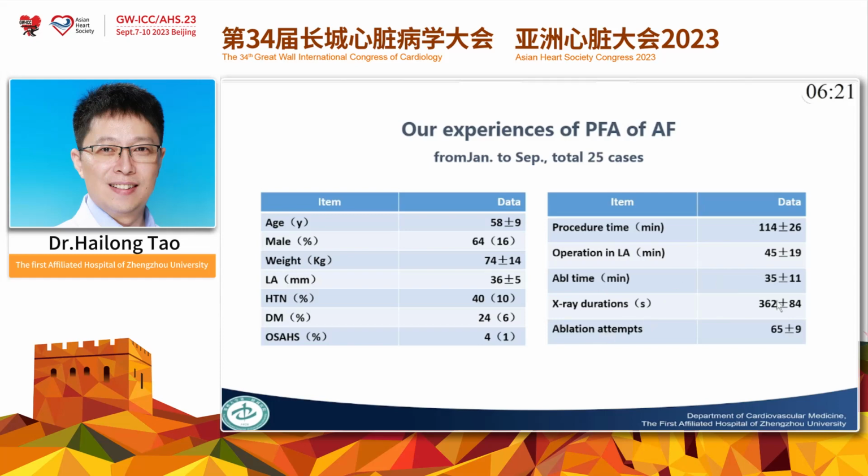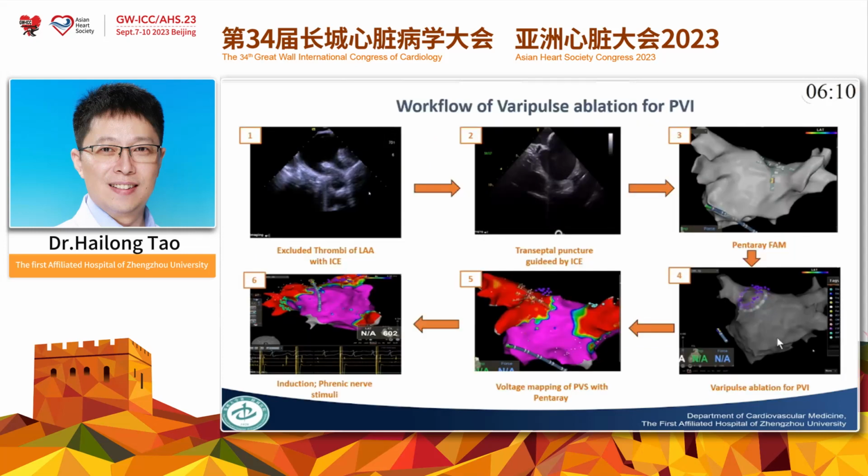X-ray duration is 360 seconds. Ablation attempts for each patient average 65. That's our workflow of the Varipulse ablation for the PVI. First, we exclude a thrombus of the left atrial appendage with ICE. The second one is we do the transseptal puncture guided by the ICE.